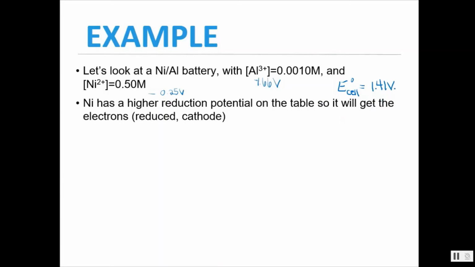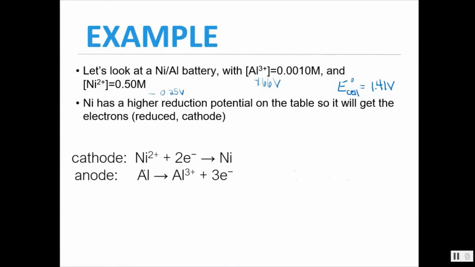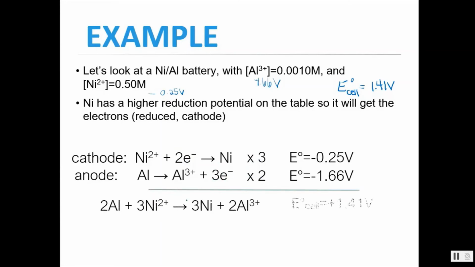So we're going to subtract from it RT over nF times ln of Q. And Q is going to be products over reactants. So again, these were the reduction potentials that we observed. For our balanced equation, we would need to multiply this first reaction by 3, the second reaction by 2. So that's going to give us a total of 6 electrons. And now we have our balanced equation.